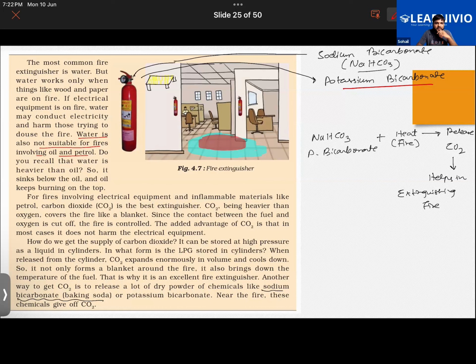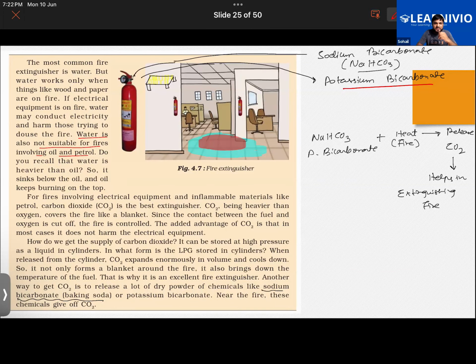Okay, then who will tell me how you control fire if it is caused by oil? Oil is lighter than water, so the oil will float on the water. No, no. See, that is why you should not use water. But how are you going to extinguish the fire?